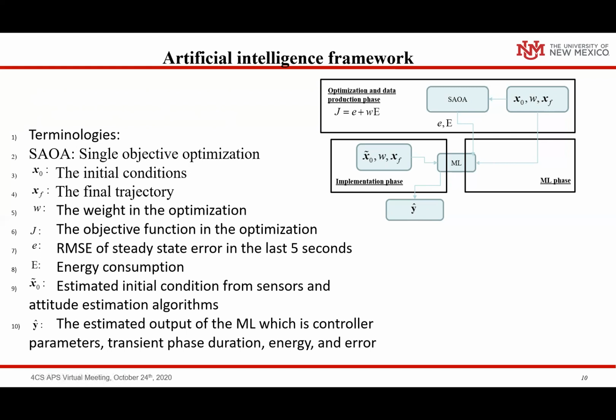This estimated output is shown to satisfy the error requirement, and the energy it provides is 0.47 joule, which is good for the mission. This machine learning provides us with the optimal controller parameters, which can minimize the error and energy given here in the objective function.